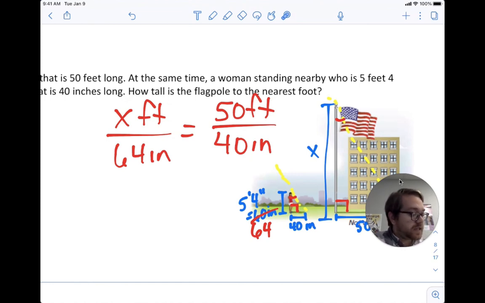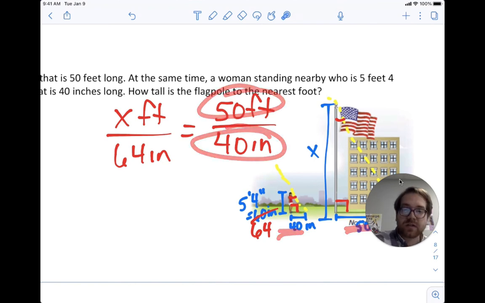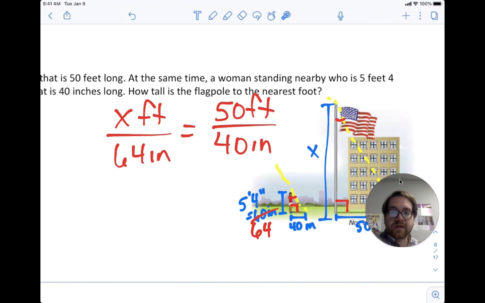And over here I did the shadow 50 feet over the woman's shadow 40 inches and compared those sides, found that ratio. Remember, the ratio between all of the sides should be the same. That's what makes them proportional. So I set up this proportion, and now I'm going to solve it by cross-multiplying.